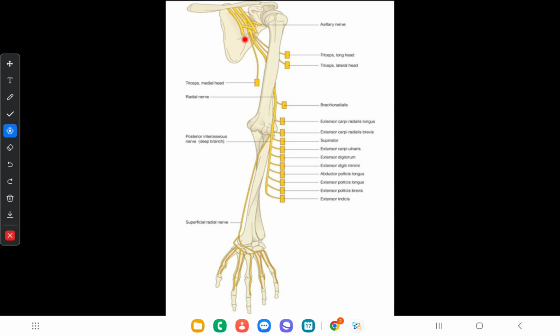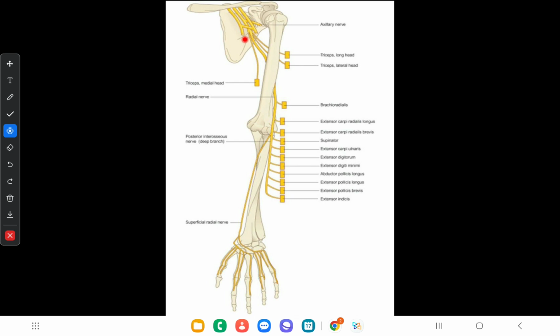The superficial branch goes in the anterior compartment of the forearm and descends downwards, and supplies two-thirds of the dorsal aspect of the hand, the overlying skin. And the deep branch of the radial nerve winds around the neck of the radius and in the supinator muscle, and gives off branches to extensor carpi radialis brevis muscle and supinator muscle.